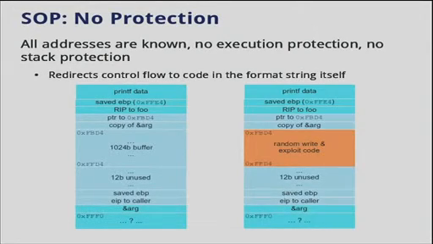So what we do is we just inject a string with a random write and some exploit code, because we have no execution prevention, so we can execute the data as code on the stack.